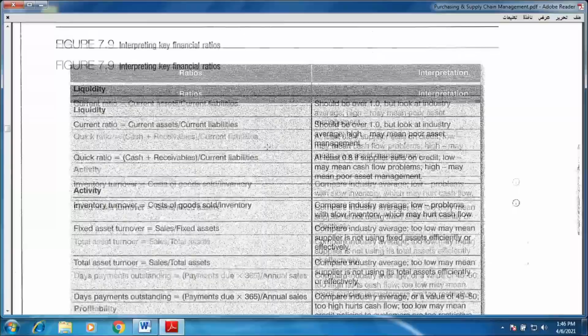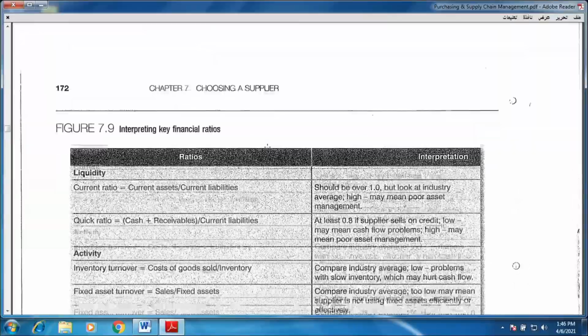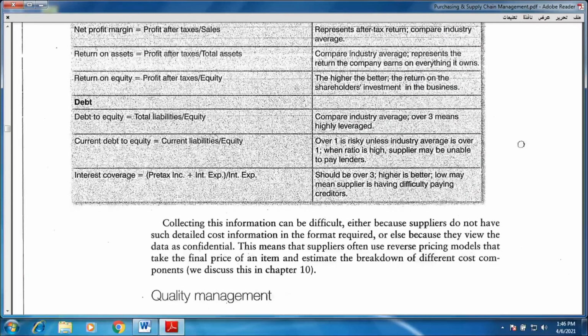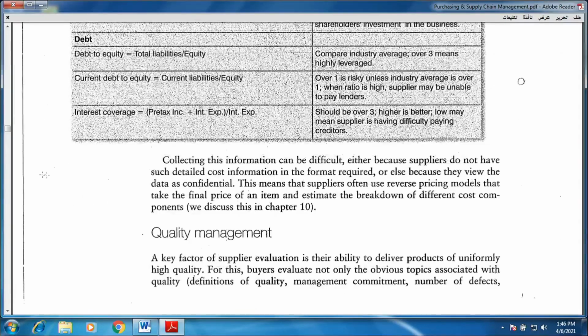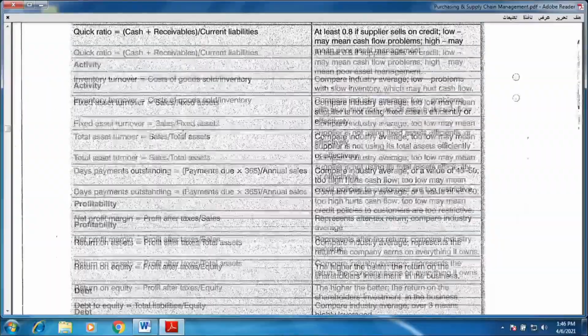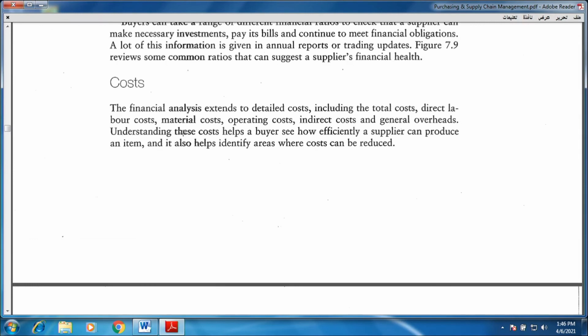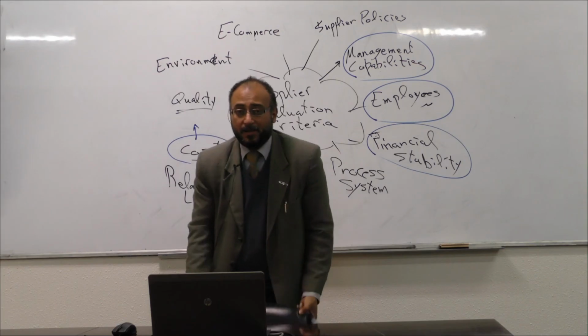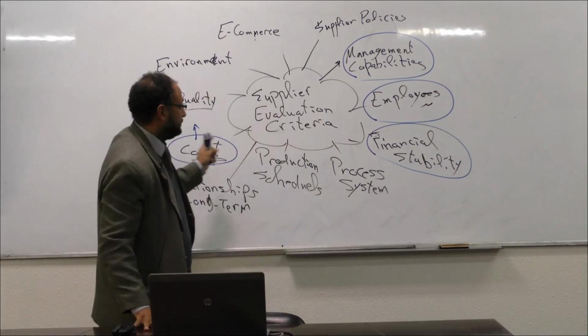So when we say that we have the financial ratios, it's a guideline for us. It gives us indicators about the real work of the organization. Collecting this kind of information gives us real direction about our suppliers' abilities or financial position. I know that we still have the cost to talk about.